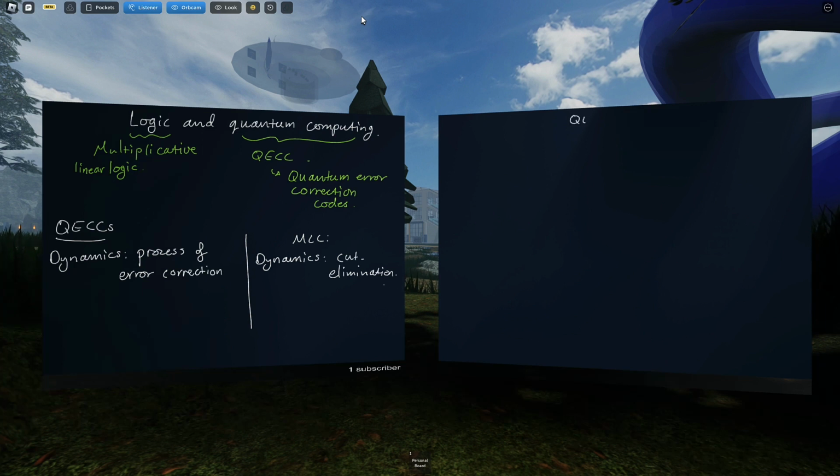Okay, I'm going to start with the QECCs side of the story. And for this, I'm going to assume absolutely no knowledge of physics whatsoever. And in fact, I can't do any better than that because I have no knowledge of physics whatsoever. So if you're in the audience thinking I've got no physical background, then that's good. That means that you and I are on the same footing.